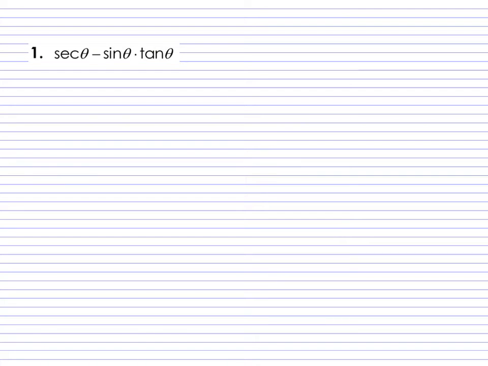Okay, so let's start with that. The secant of theta, I'm going to rewrite as 1 over cosine of theta minus sine of theta. I'm just going to write that as a fraction over 1, because if I've got one fraction, I'm probably going to have to deal with multiple, times tangent, which we know is sine over cosine.